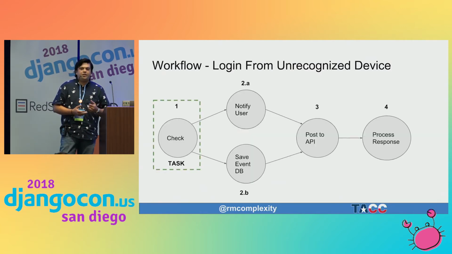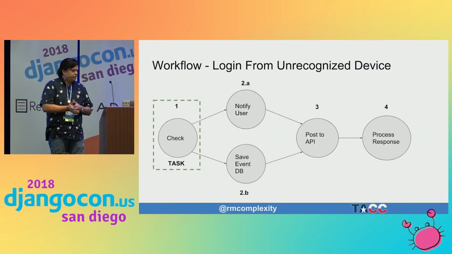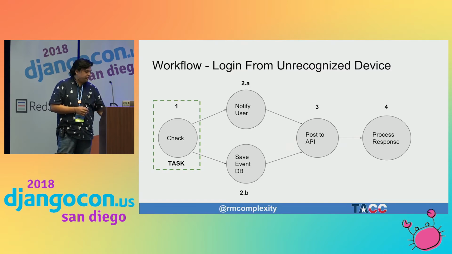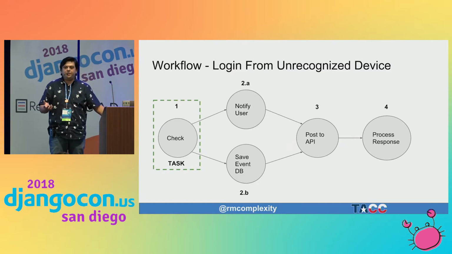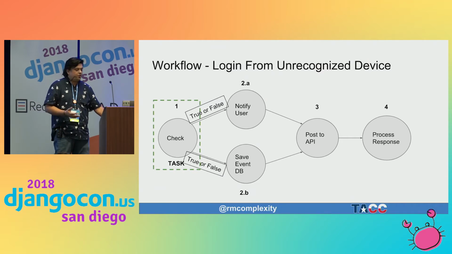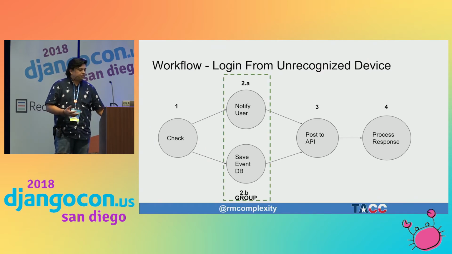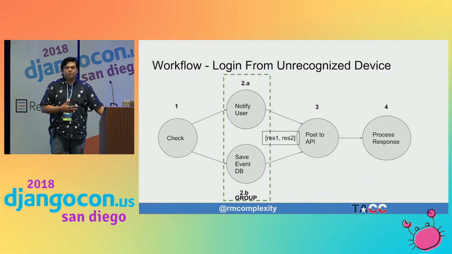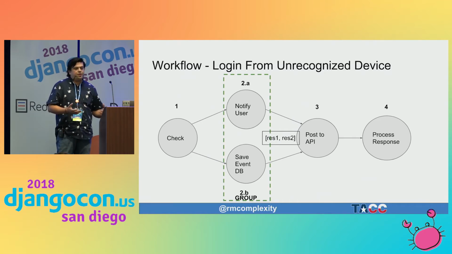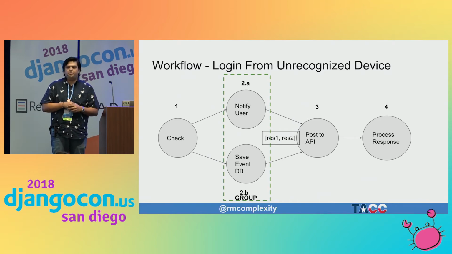So the first one is going to be a task, as we were talking about these ones. And then after this, we can use a group in order to run these two tasks in parallel. The result of this group is going to be an array, because the group is going to wait until each one of these tasks finishes to go to the next step.